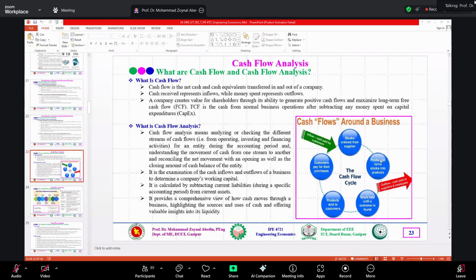So this is the cash flow cycles, and the money coming from the customer to the cycle, this is the cash inflow, and the money which is spent by yourself to the other people, this is the cash outflow, cash paid to the suppliers and employees. So this is the cash flow cycles.